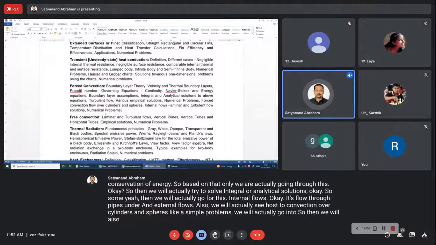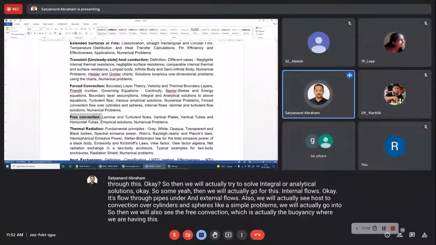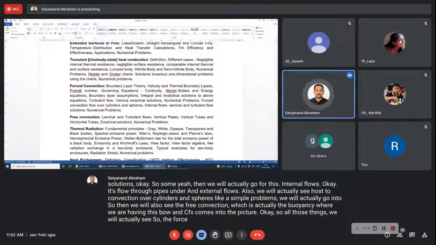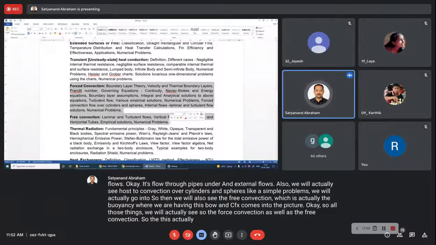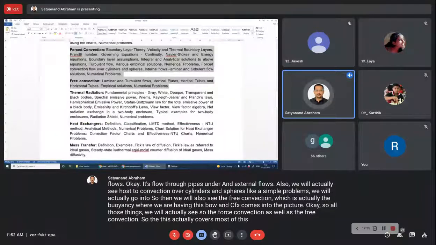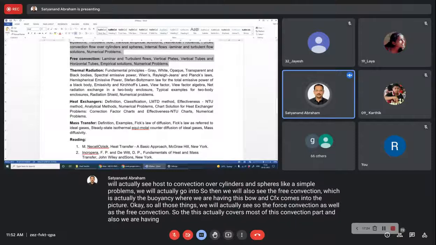Then we will also see free convection, where buoyancy effects come into the picture. So the forced convection as well as the free convection. This covers most of the convection part, and we also have heat exchangers, which also come under forced convection.